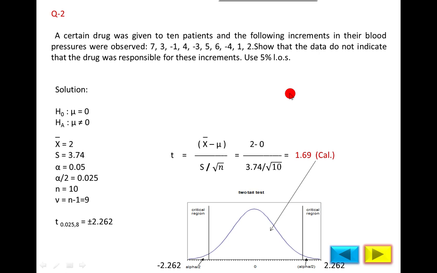This is the most important thing, because with the help of testing of hypothesis, you can check whether the change in the data depends on the criteria or treatment, etc. or not. With testing of hypothesis, you can test whether the change in the data before and after is accepted or rejected.